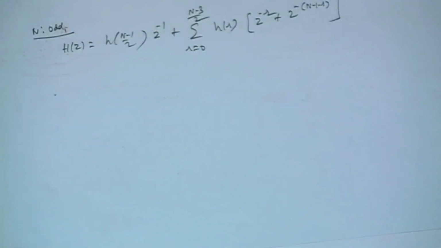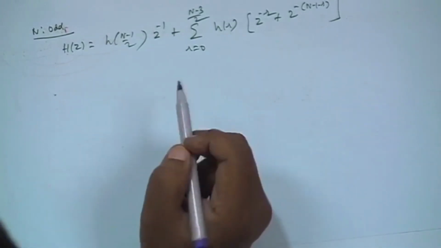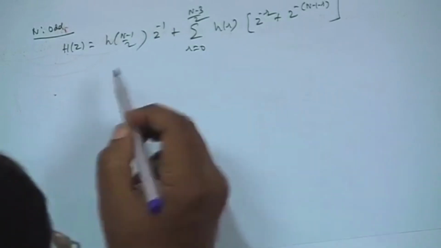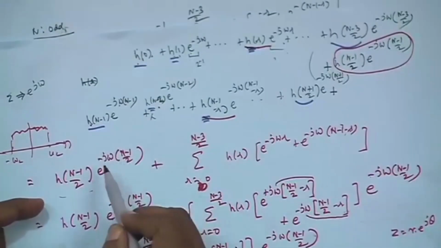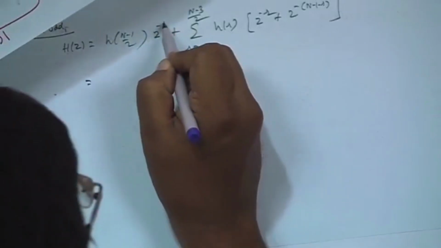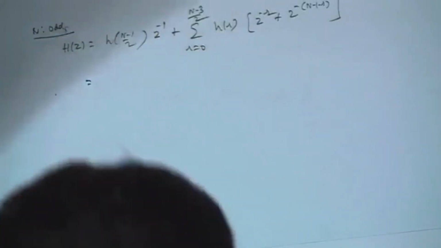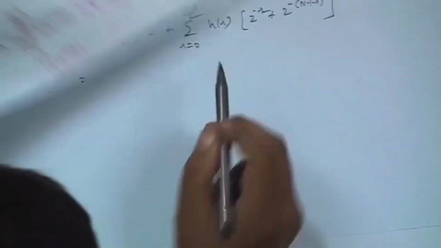Now, as before, I will take out, sorry, this is not z to the power minus 1, this is z to the power minus this part, N minus 1 by 2.